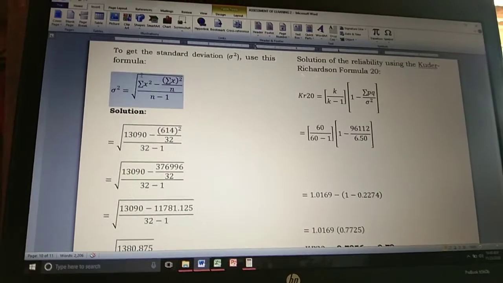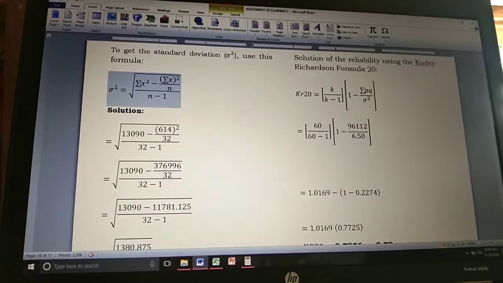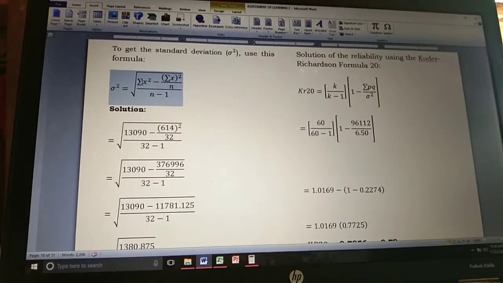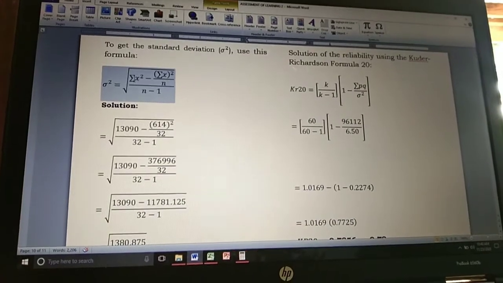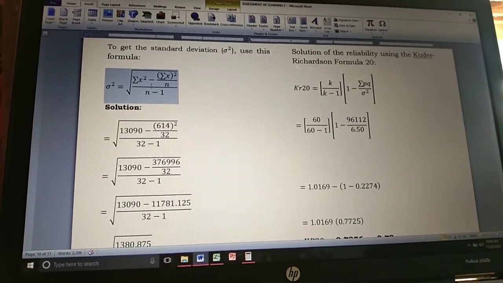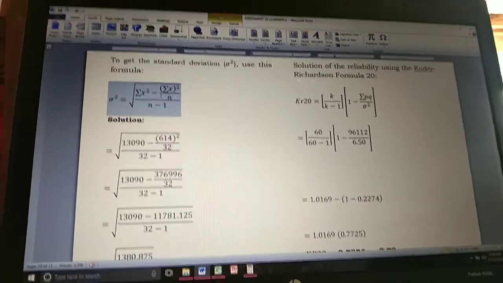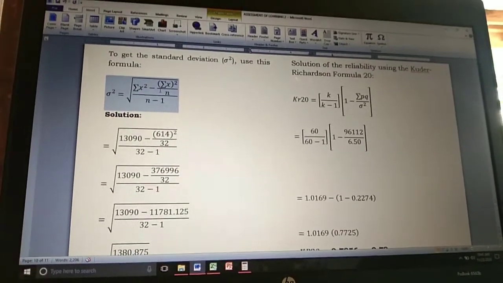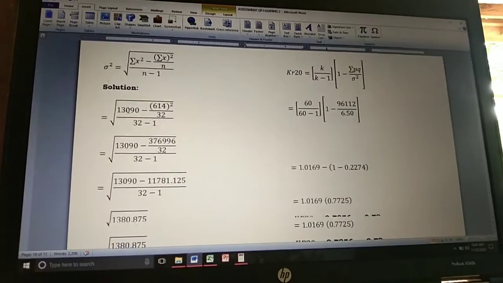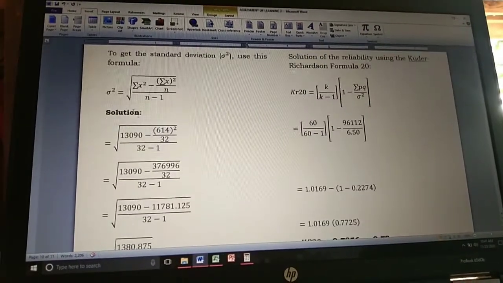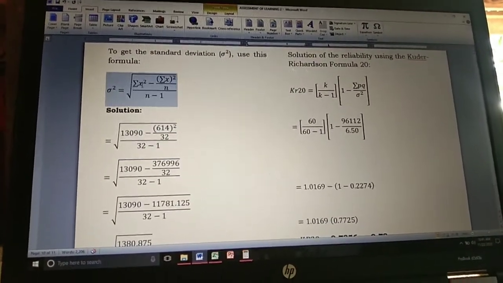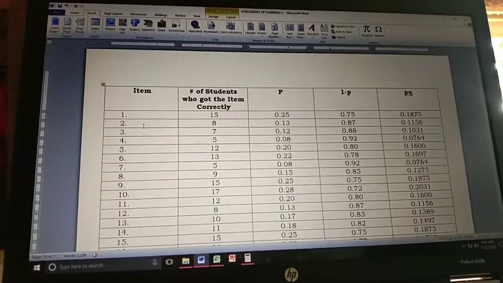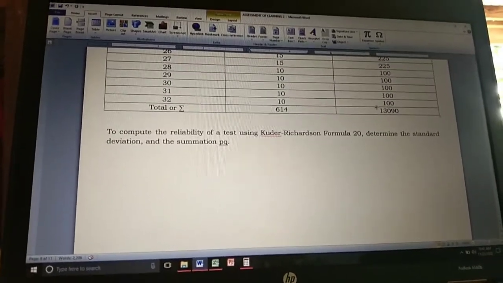So we have here the square root of x, summation of x squared minus the quotient of summation of x raised to the power of 2 and n. So we have here atin i-substitute na natin. So x squared, punta tayo sa ibabaw. Okay, ito x squared.